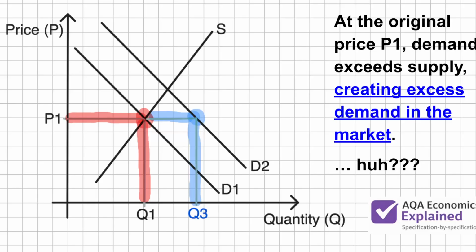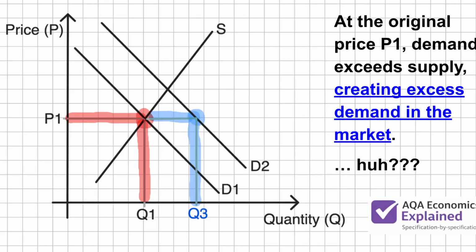Look carefully at the diagram. Originally, demand D1 and supply S intersected at P1 and Q1, so quantity demanded equaled quantity supplied, and the market was in equilibrium. After income rises, demand shifts to D2, but price has not changed yet. It is still P1. If we freeze the price at P1 and look across horizontally, we can now see that the quantity demanded on the new demand curve D2 is higher than before.